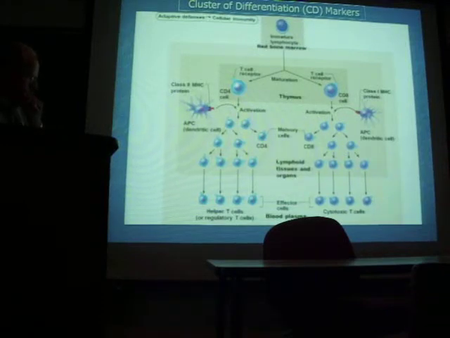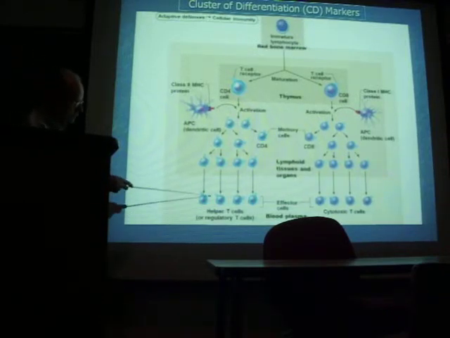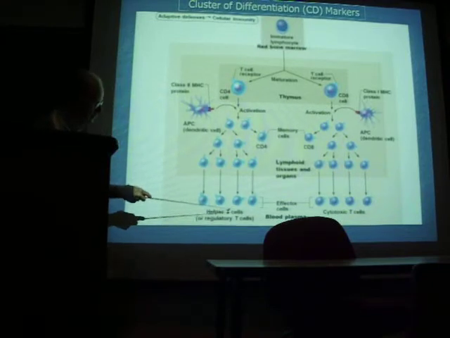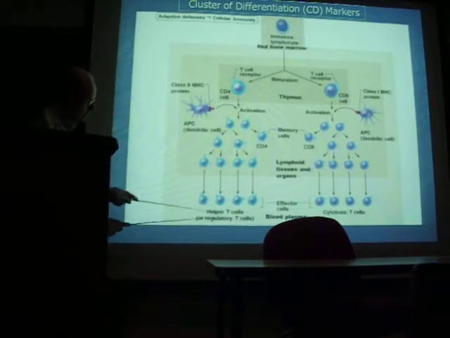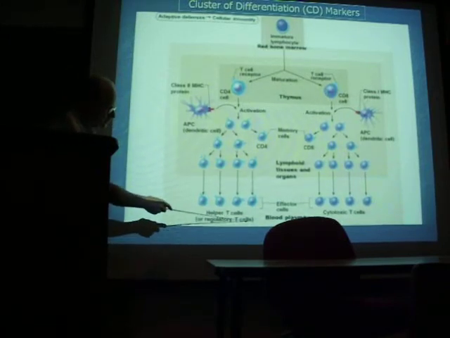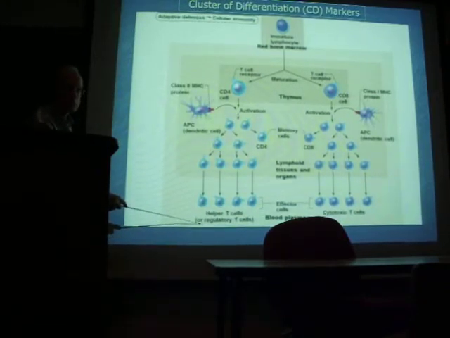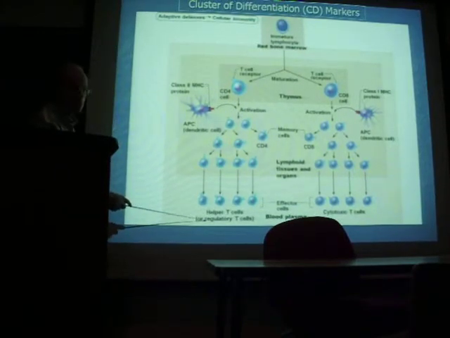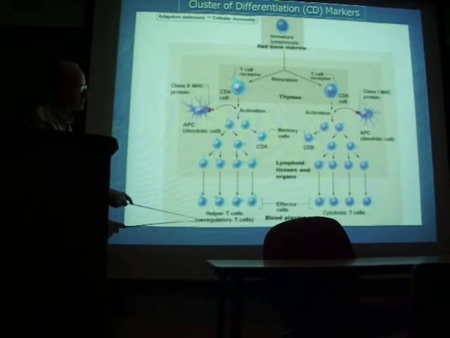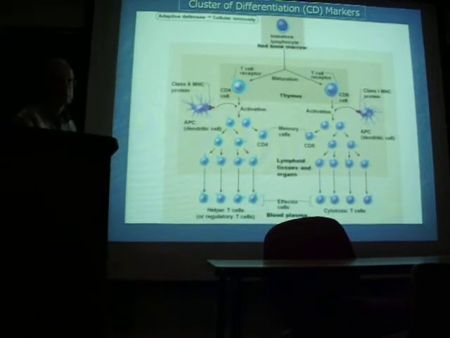Now, I'll show you this too later, but this side is helper T cells that have this marker on their cell membrane. But the regulator T cells, the ones that put the brakes on the whole immune reaction, called regulator or Treg, they have the same markers, CD4.